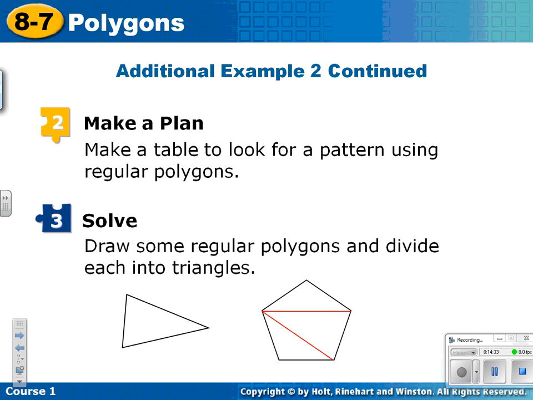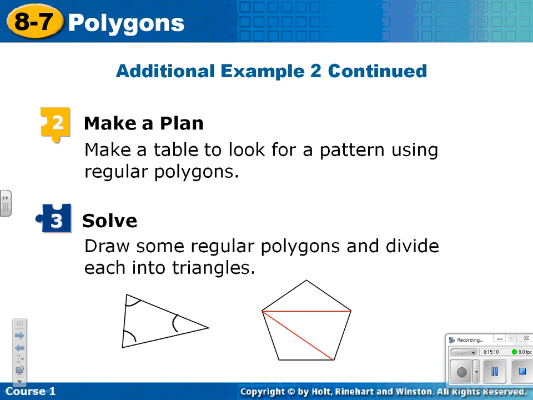So look at this. What is the sum of the measures of this? 180. Because we know it's a triangle, that plus that is 180. Check this out. How many triangles do we have in there? 3. So what do you think the sum of the angles is going to be? What are you going to do to figure out the sum?